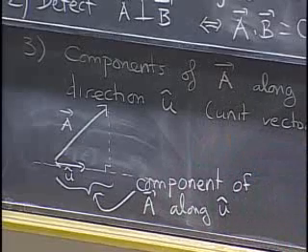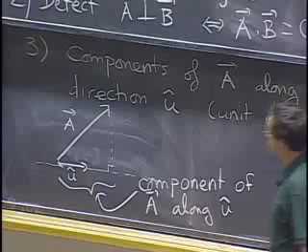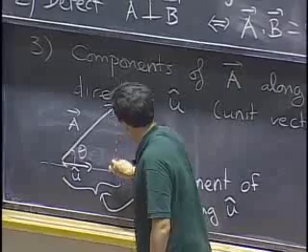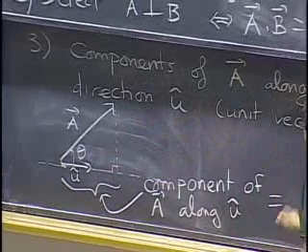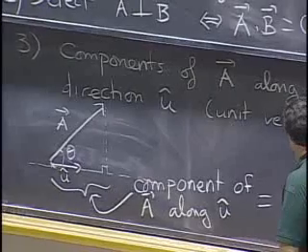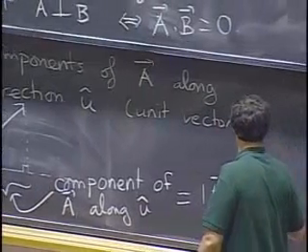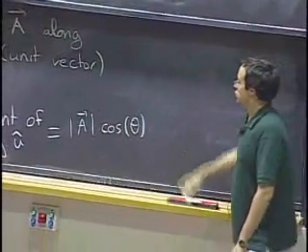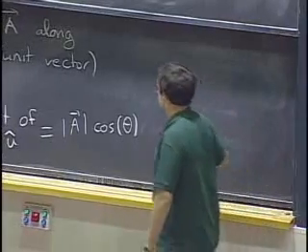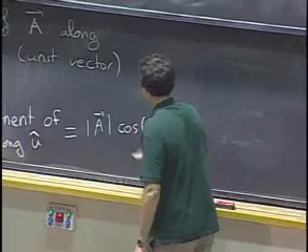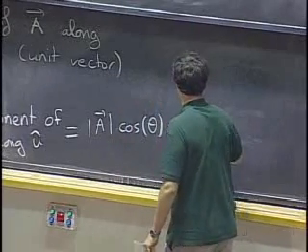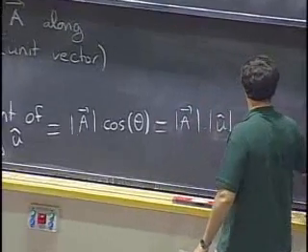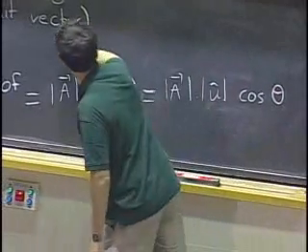Well, how do we find that? Well, we know that here we have a right angle, so this component is just length A times cosine of the angle between A and U. But now that means actually we can compute it very easily because that's the same as length A times length U times cosine theta, because U is a unit vector.